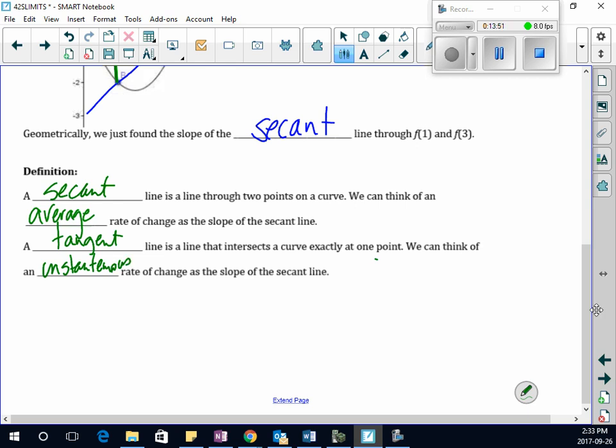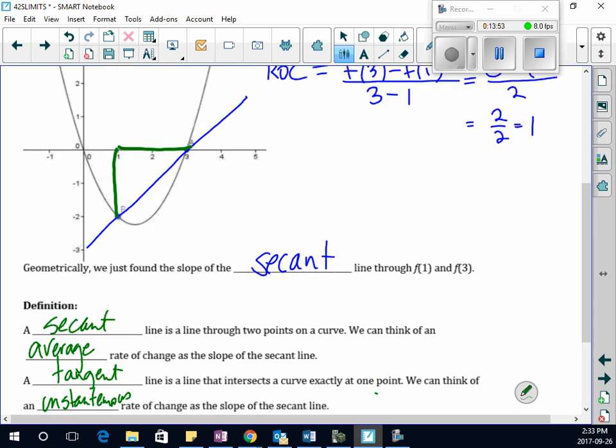If I look at this visually, I am taking the slope between these 2 points, and that's just an average, right? If I want to focus in, I need to actually go to a specific thing. So for instance, if I want to know the instantaneous rate of change at 3, I need to focus right here and try to find the slope there.